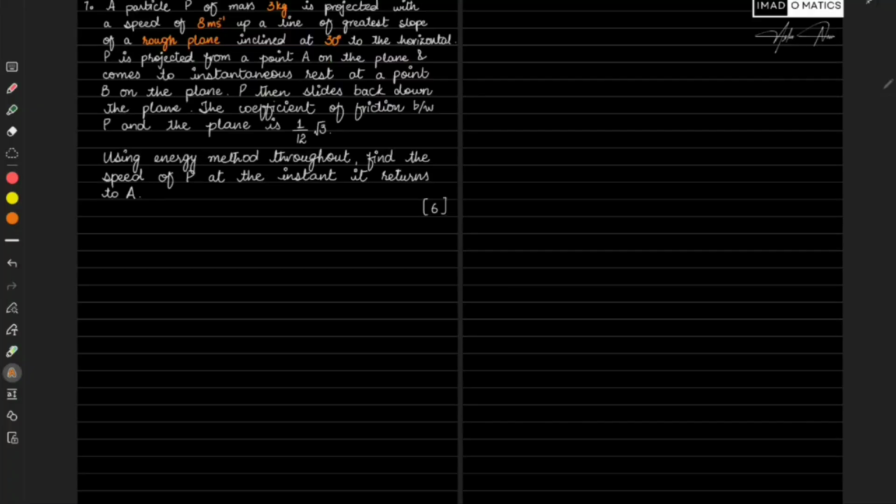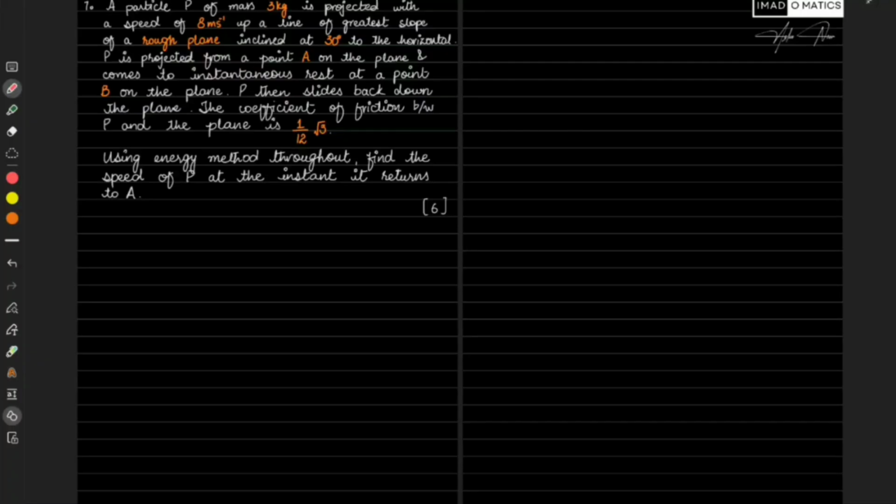P is projected from point A on the plane and comes to instantaneous rest at point B on the plane. P then slides back down the plane. The coefficient of friction between P and the plane is 1 over 12 root 3. Using the energy method throughout, find the speed of P at the instant it returns to A.